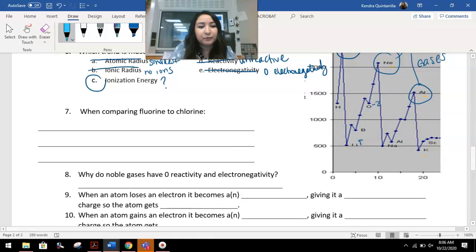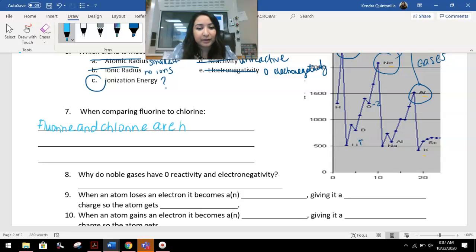So when comparing fluorine to chlorine, both fluorine and chlorine are halogens, right? Because we highlighted them in yellow. They're halogens, and both have a Zeff of 7.